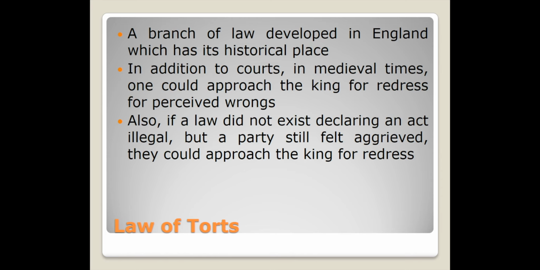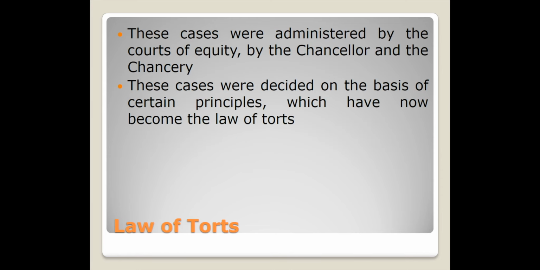Now the king basically acted through the courts of equity, which is through the chancellor and through the chancery. The chancellor is basically like a minister of the king. So these were called the courts of equity, as opposed to the courts of law, as opposed to what are called the common law courts, which are the normal courts as we understand them.